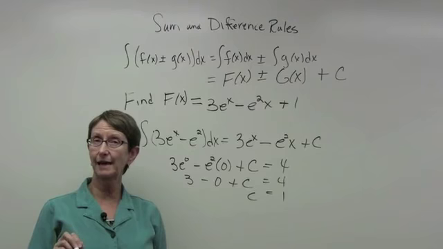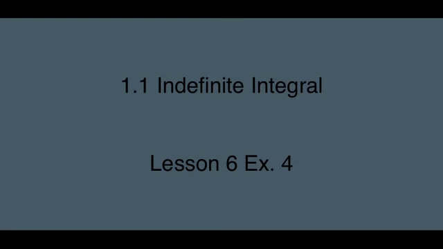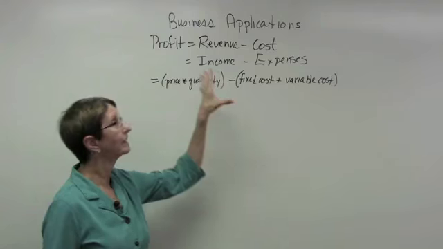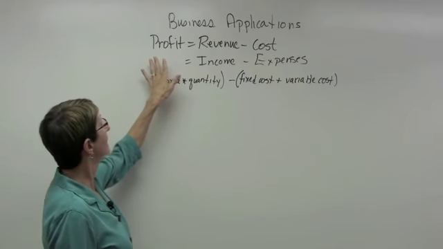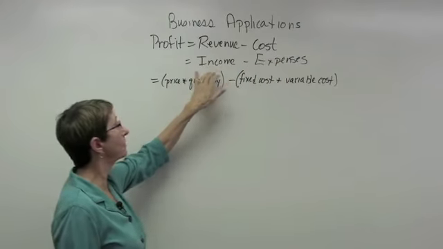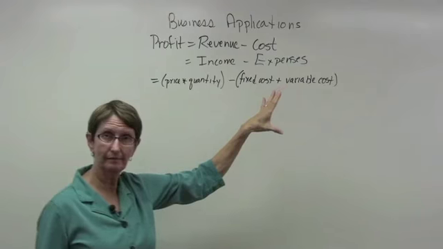Now let's look at an example that's an applied problem. We have some business applications in this segment. First, let's review a little bit. Profit is equal to revenue minus cost. Remember that revenue is income and costs are expenses.